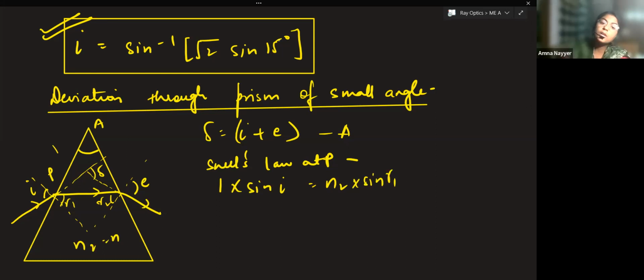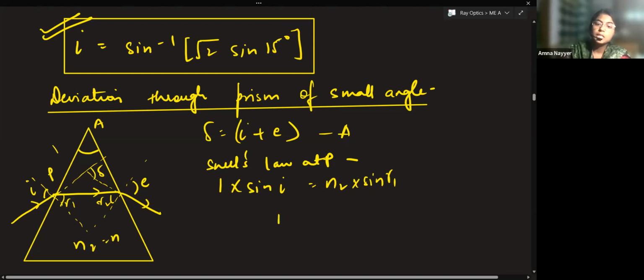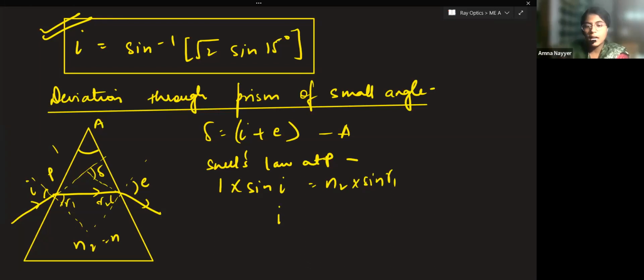If the small angle approximation is there, then sine theta becomes almost equal to theta. So I will become N R1 only. Similarly, E will become N R2 only. This is the difference that will arise in your derivation.